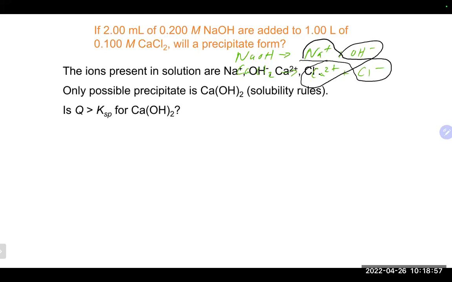So we can look up the KSP value for calcium hydroxide in a table. And basically what we want to figure out is, is Q greater than the KSP? And if it is, we would expect a precipitate to form. And if Q is less than the KSP, obviously we would not expect a precipitate to form.